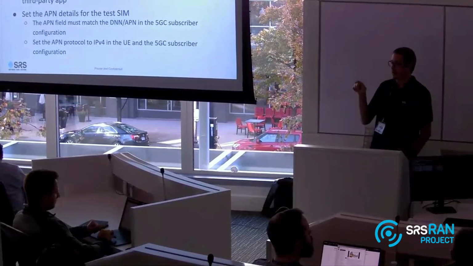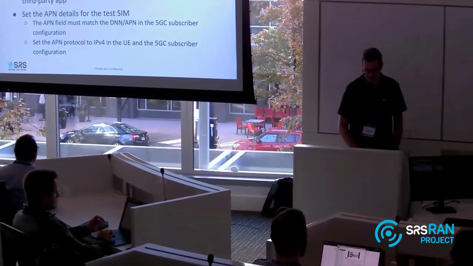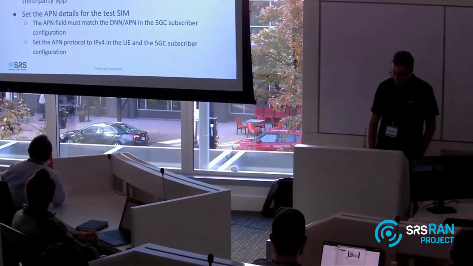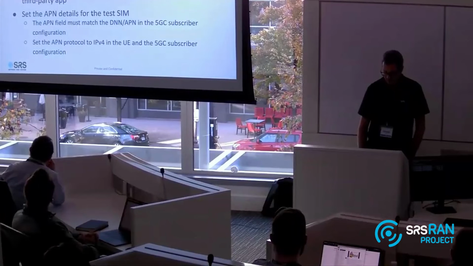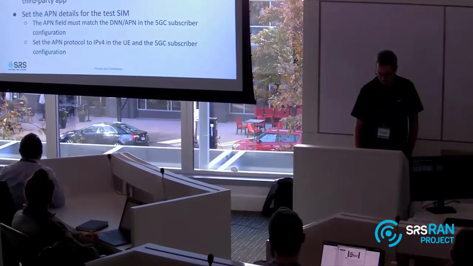If you choose NR/LTE, it will always prefer LTE and sometimes won't see the NR one. Then also make sure that the APN is correct. Otherwise, you might see the phone attached, but you won't have traffic.